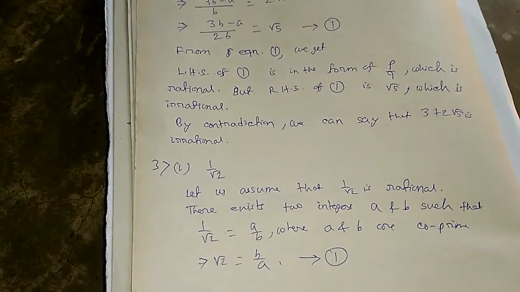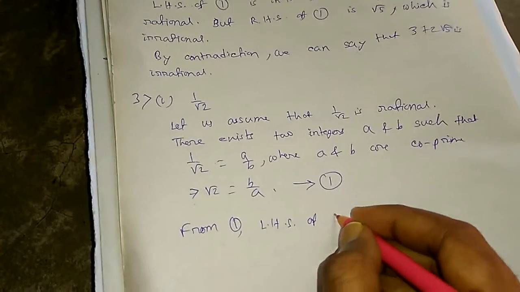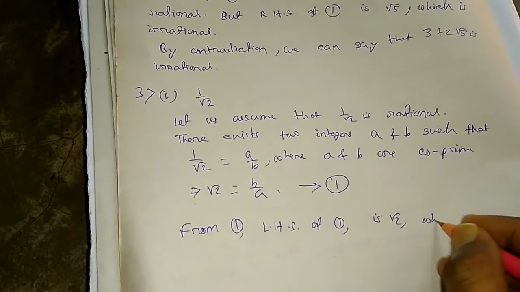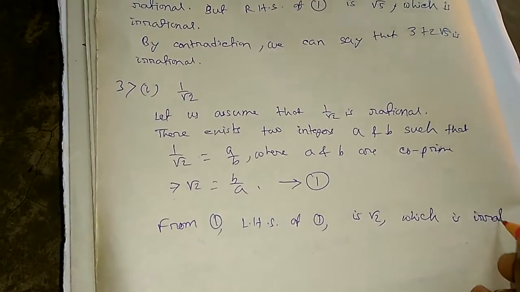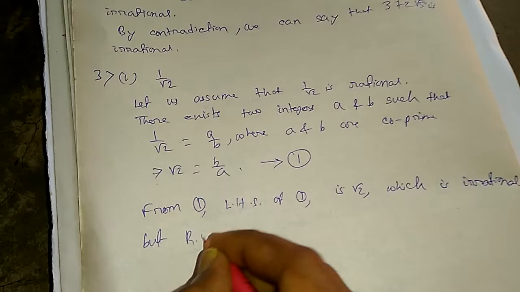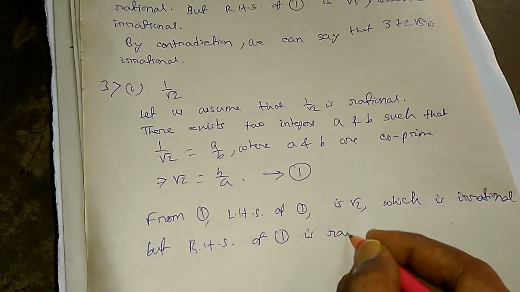From 1, LHS of 1 is root 2, which is irrational, but RHS of 1 is rational.